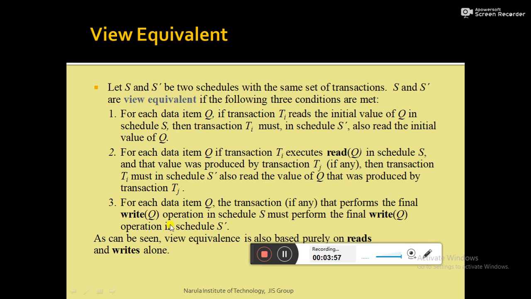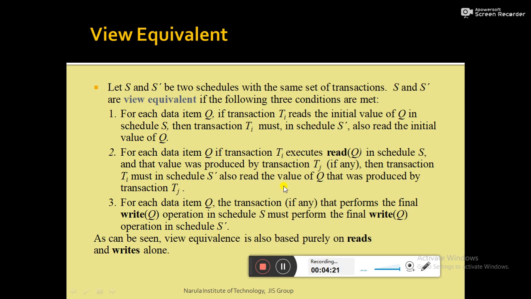Next, final write. This property is sometimes termed final write. What it says: for each data item Q, the transaction that performs the final write(Q) operation in schedule S must perform the final write(Q) operation in schedule S prime. What does it mean?